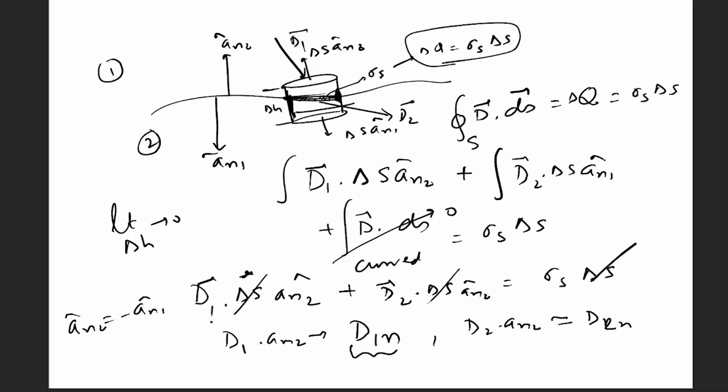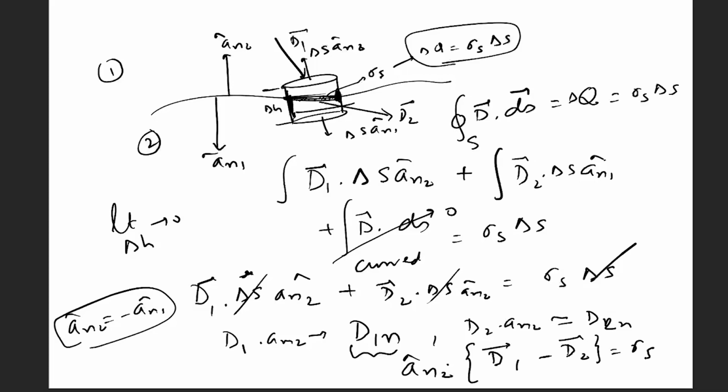Now using this an2 is equal to minus an1, or an1 is equal to minus an2, I will take an2 common, and I will have d1 minus d2 is equal to sigma s.